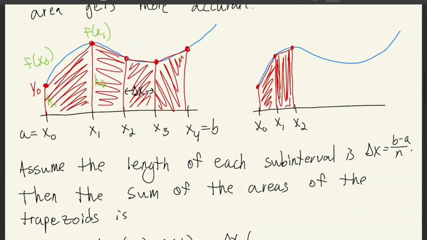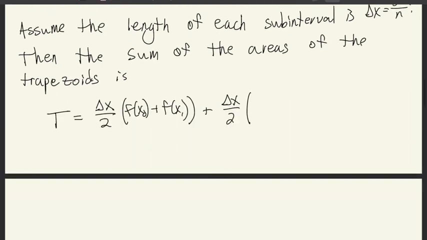Okay, that was the first trapezoid. Let's do the second trapezoid. Notice we still have a shared common edge. So we'd have f of x1 again, and then the next one, f of x2. Okay, that's the area of the second trapezoid, and then we keep doing this for however many we have.